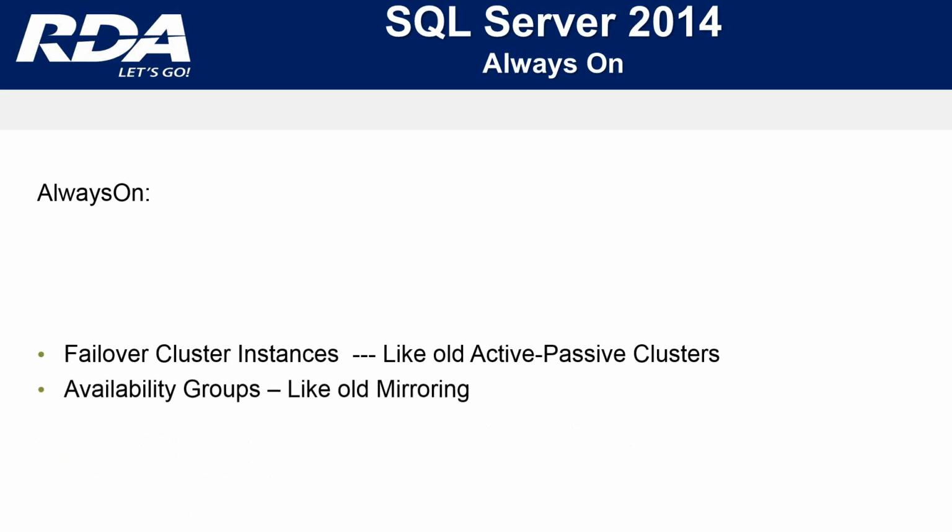Now, availability groups is another component of always-on, but it's like the old style mirroring. One key difference is that you're talking about entirely different instances altogether. An availability group could be somewhere different entirely. One of the exciting things we talked about today is having your passive nodes, or actually they're called secondaries, in Azure.